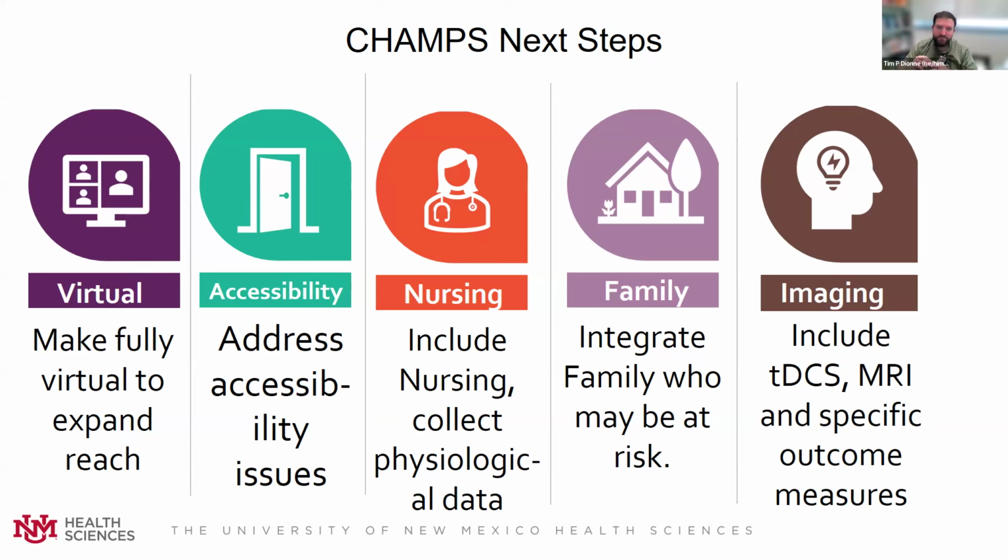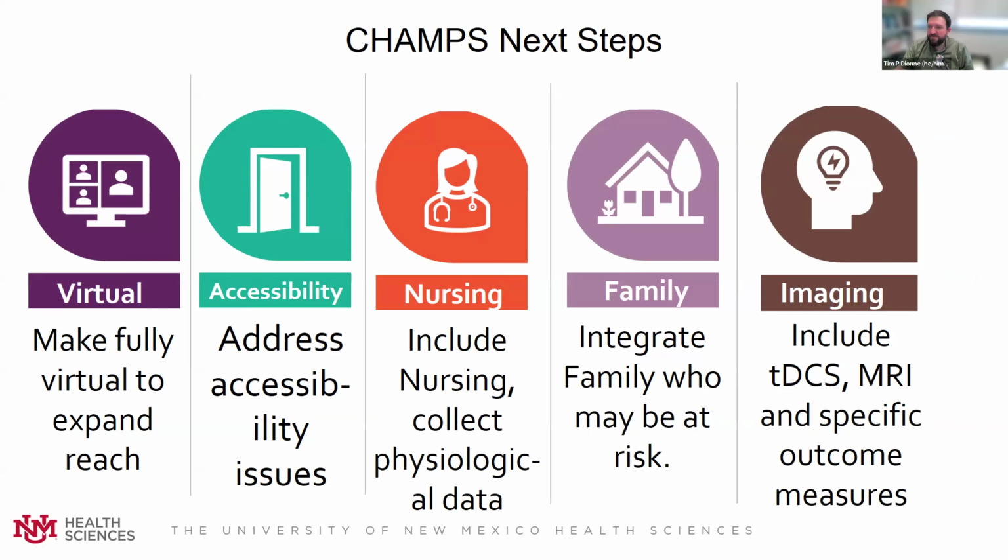And then for this next step, we want to include a family member who is related genetically to the person who's had a stroke to provide education to promote prevention of an initial stroke. And then we also want to include imaging and other specific outcome measures. Again, some of those won't be able to be done virtually, but having the higher fidelity measures is really important.